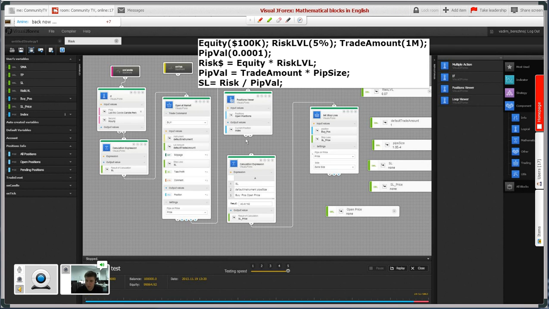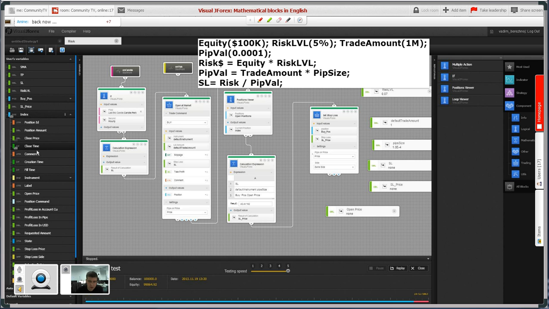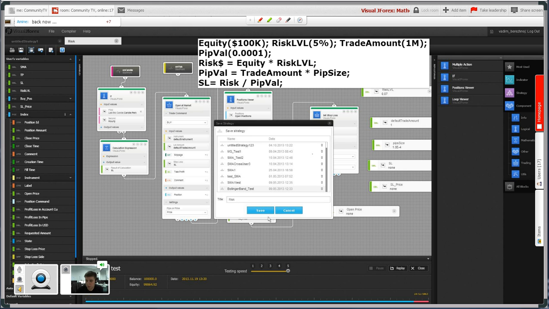Then we will calculate stop loss at this price, index variable, position open price, and set new stop loss. That might work. We're saving the draft once again and retesting.